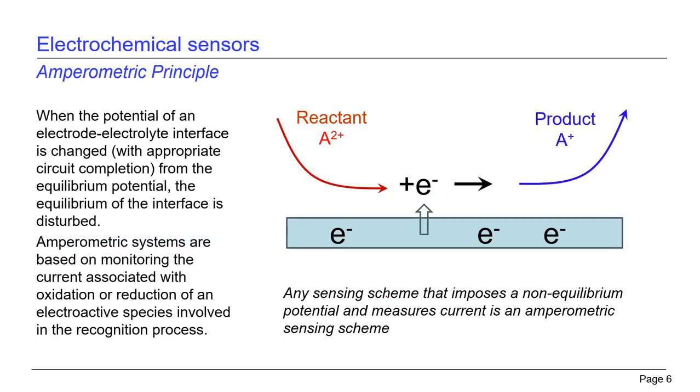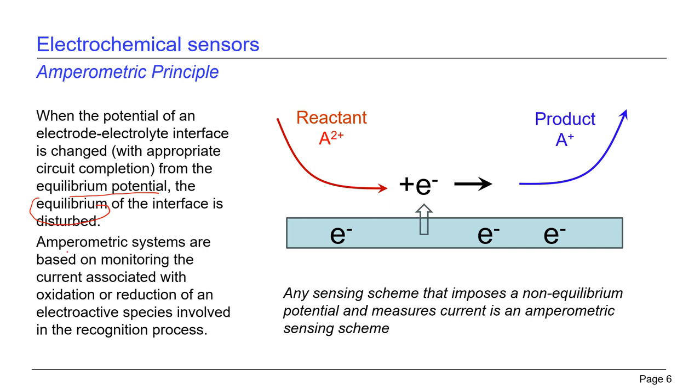Just to highlight this amperometric principle, when the potential of the electrode-electrolyte interface is changed, that is to say, with the appropriate completion of the circuit from equilibrium potential, the equilibrium of the interface is, of course, disturbed.